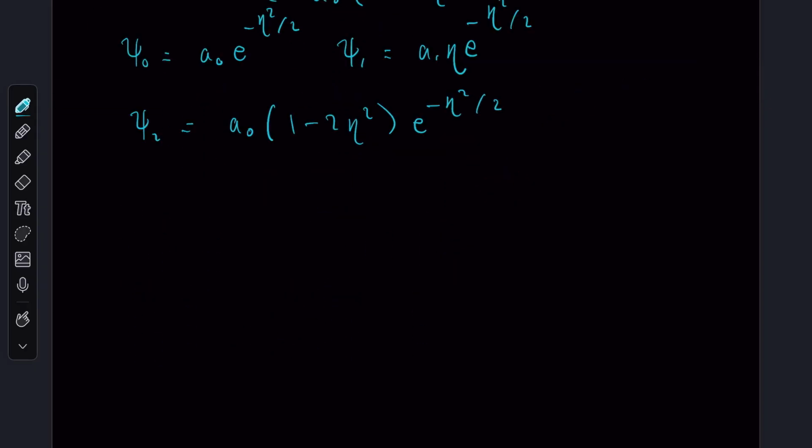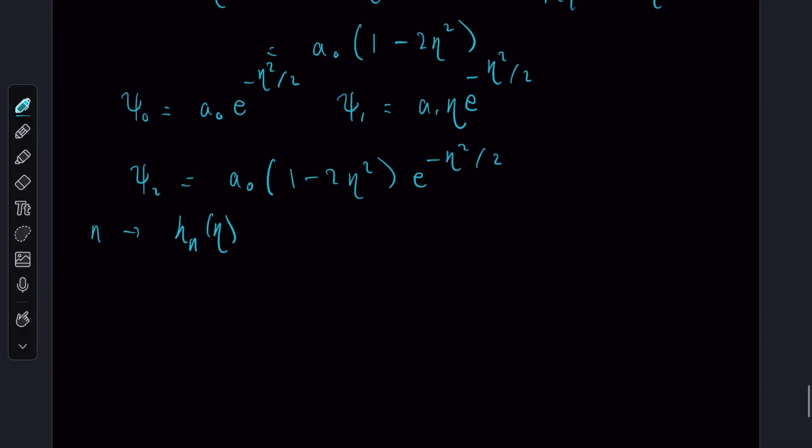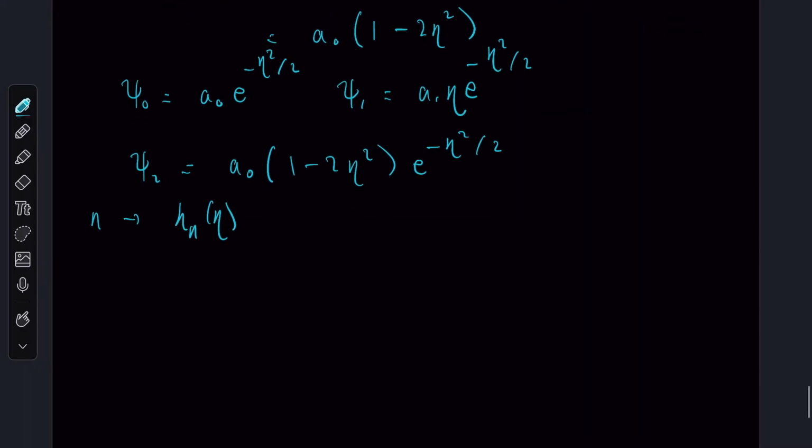So it's clear now that given some value of n, we can get some polynomial in terms of eta using our recurrence relation above. And these aren't so random. They're actually a very common type of polynomial, and they're heavily studied and researched. They're called the Hermite polynomials. So now we'll just denote them with the capital H of eta here.